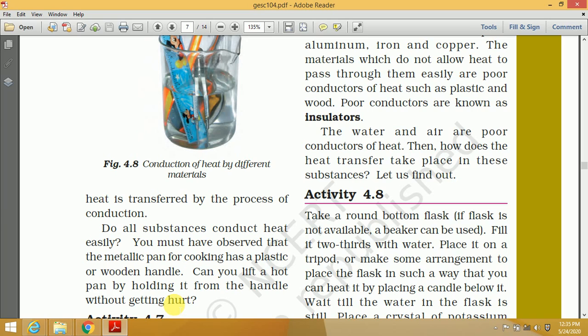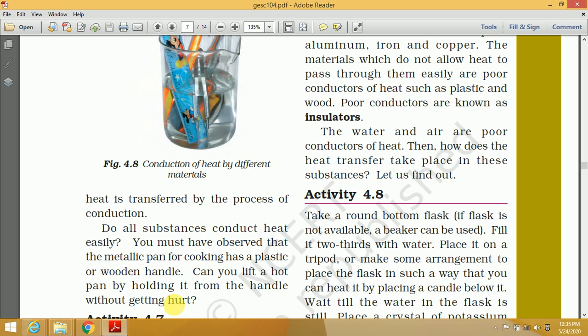Yes. Now the question arises, first we have discussed that in metals or in solids, the heat gets transferred by the process of conduction. Now the question arises, do all the substances conduct heat?